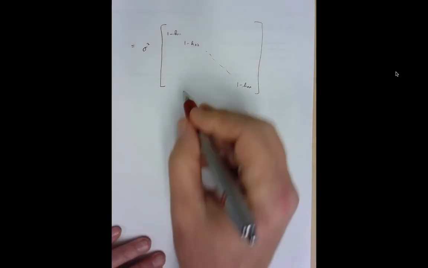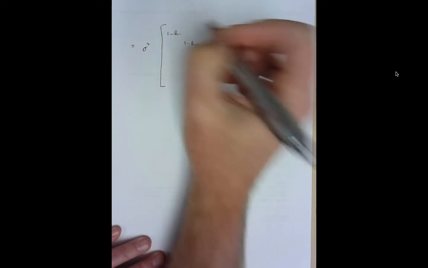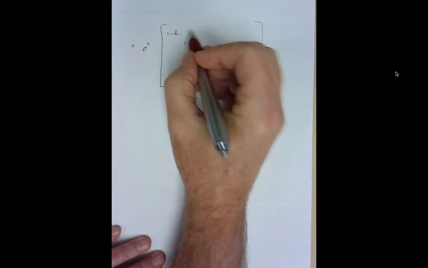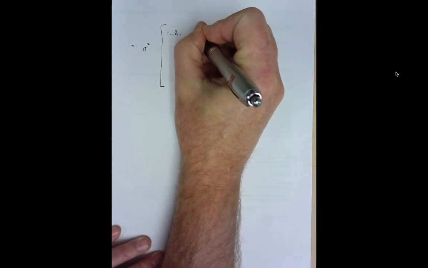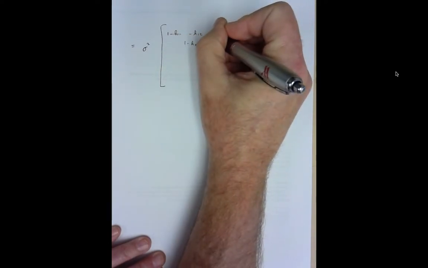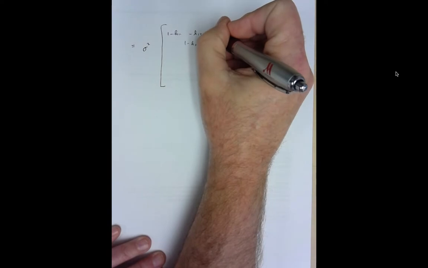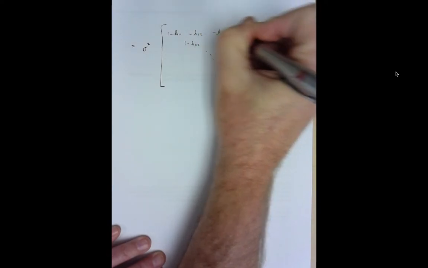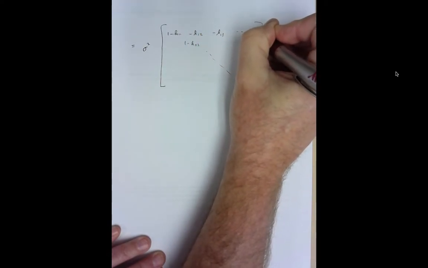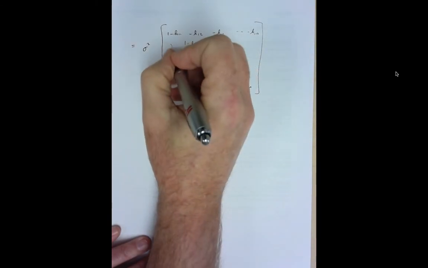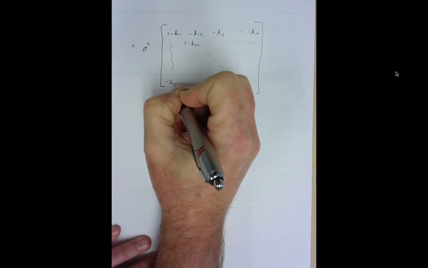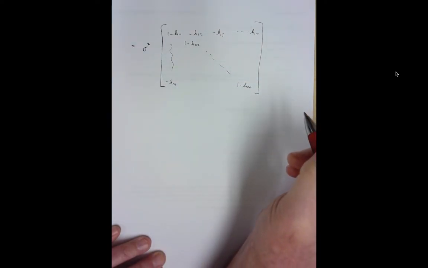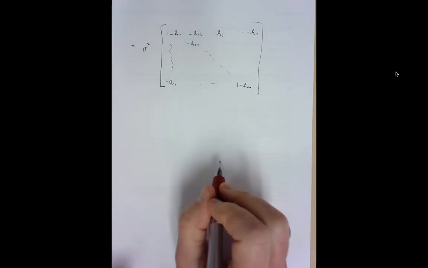Okay, this element right here, what would that look like? I guess it would be minus H12, because this is all 0, right? And minus H13, and of course minus H1n, and of course this would be minus Hn1, right? Yeah, all right, cool.